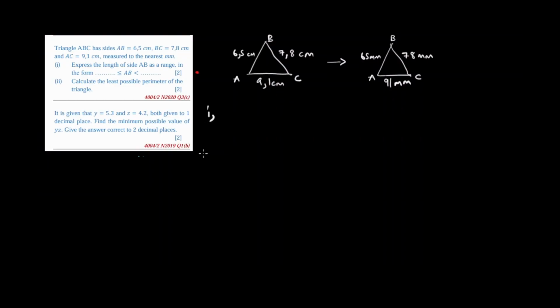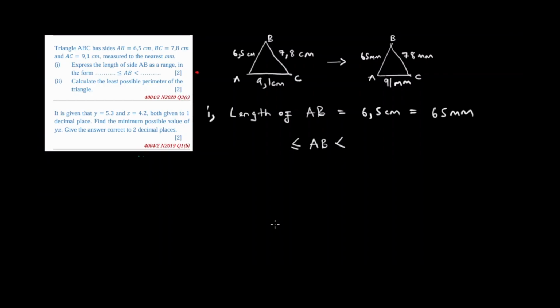Express the length of side AB as a range in that form. So the length of AB we already know is equal to 6.5 centimeters, which is equal to 65 millimeters. Then we are told to express the length of side AB as a range, in that form, which is AB greater than or equal to something but less than something.